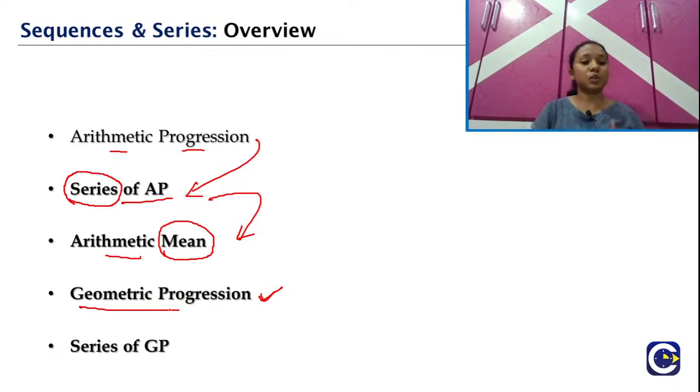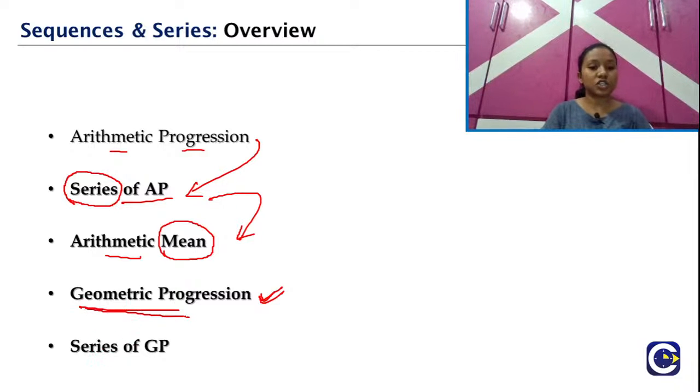As I mentioned, even in this geometric progression we will be having the series. After this introduction to our geometric progression, like how we discussed for the arithmetic, the basic definition of it and the representation, we are getting into the series of GP here, right?